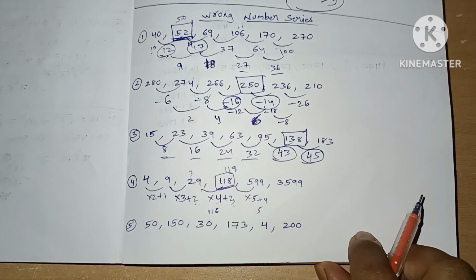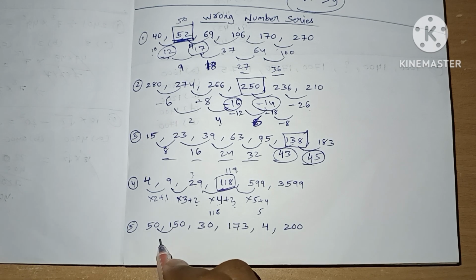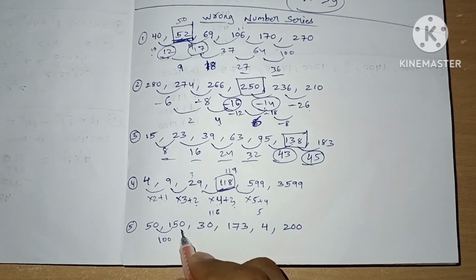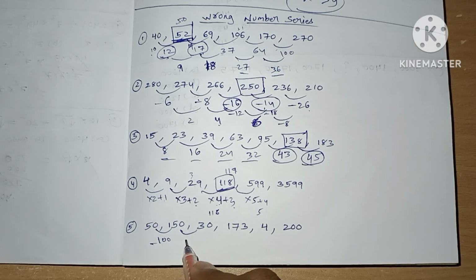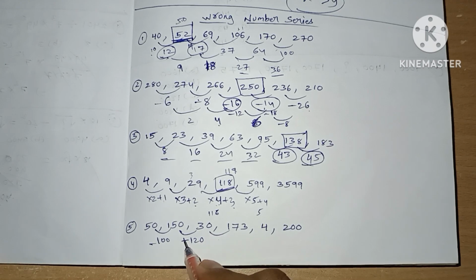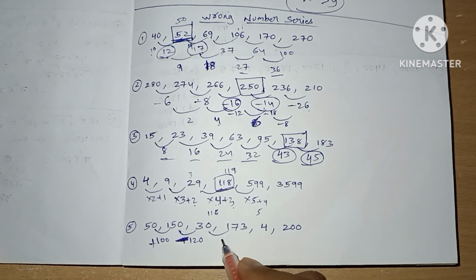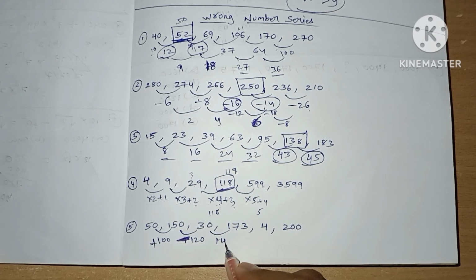Next, fifth question. Here we see the difference between these two is 100, minus 100. Here the difference between these two is minus 120. Here the difference between these two, this is plus and this is minus. Here the difference is 143.